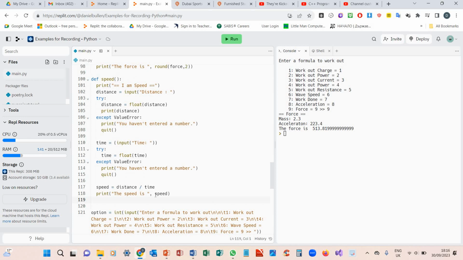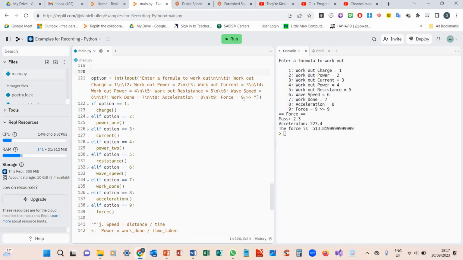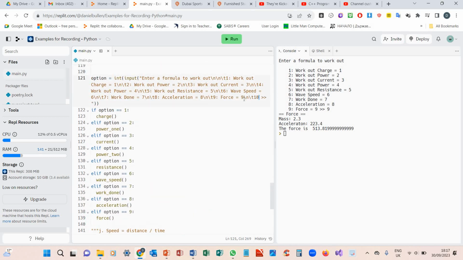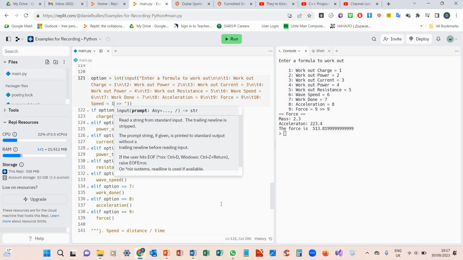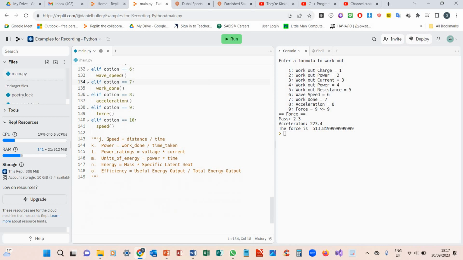And what we're going to do here is round to, and then we're going to do number 10 here, speed, and then we're going to do speed here. And there we go.